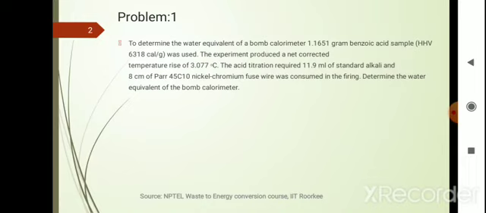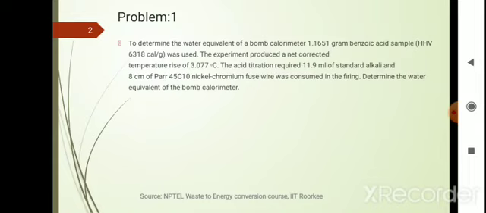So this is our problem. We have already studied the principle of bomb calorimeter and the equations for calculating the higher heating value. But this problem is not for calculating the higher heating value; we are calibrating the bomb calorimeter for finding out the water equivalent, that is the heat capacity of the calorimeter.